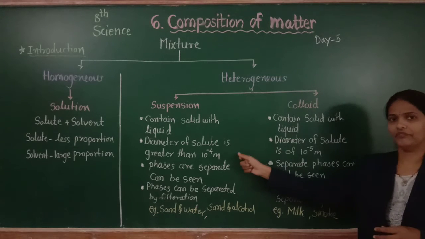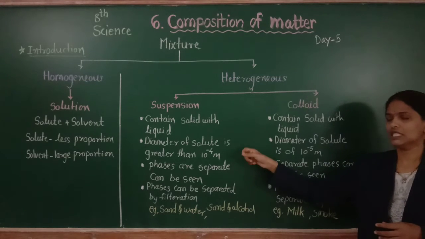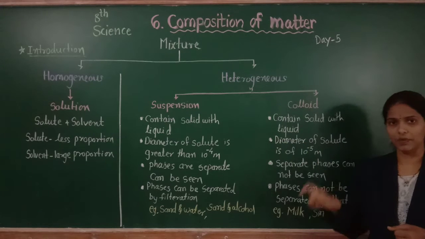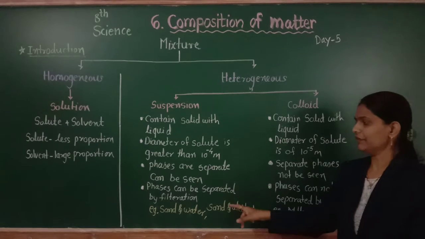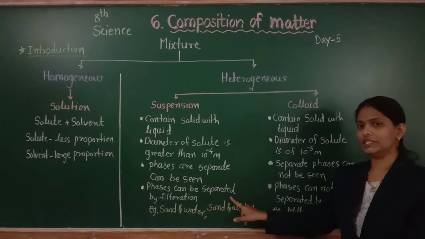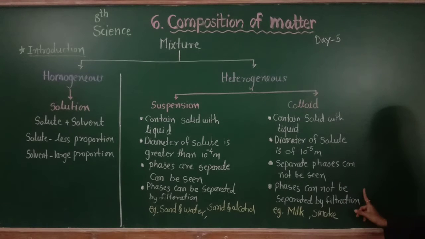But in a suspension the phases are separate and visible. In a colloid, the separate phases cannot be seen with naked eyes, which means they are not visible. In a suspension, phases can be separated by filtration, but in a colloid, phases cannot be separated by the filtration process.